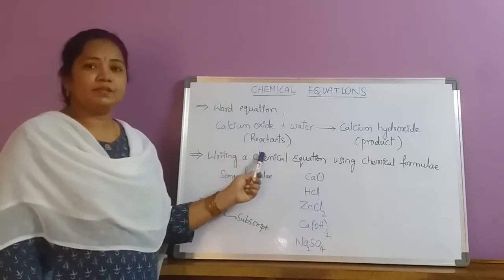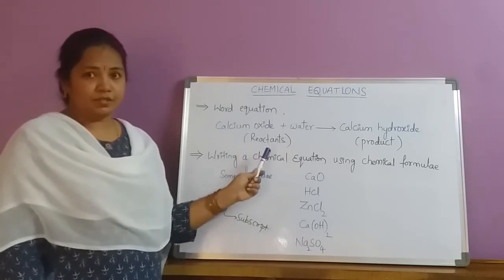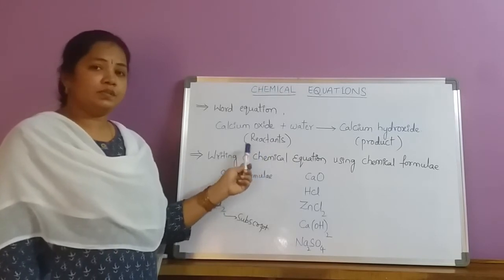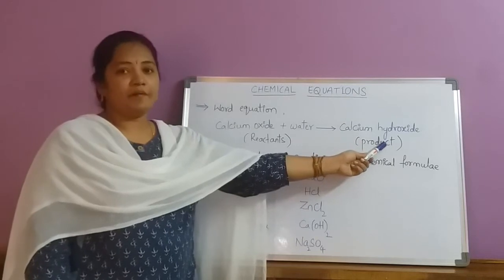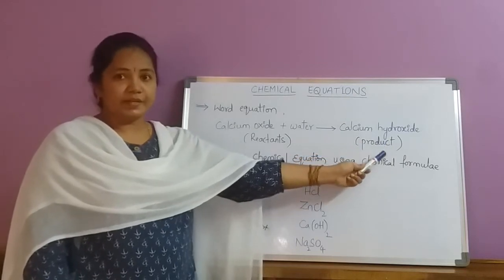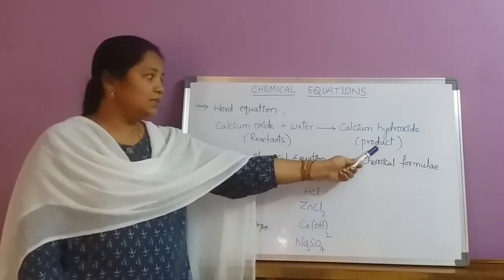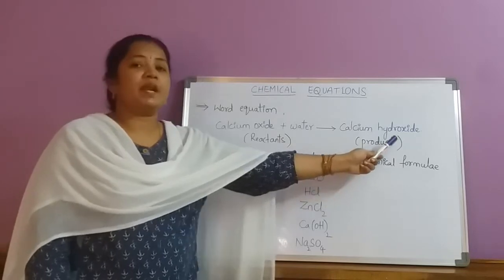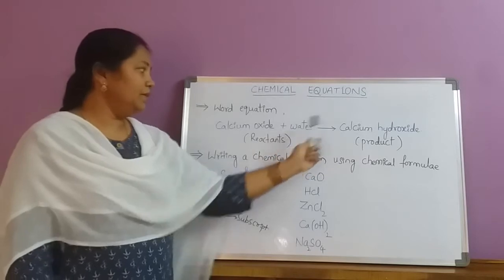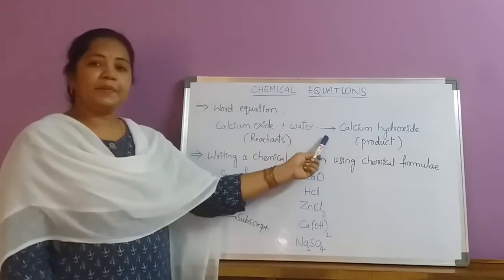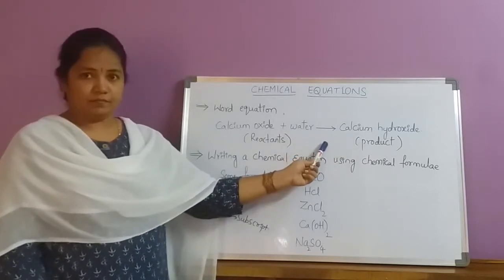Reactants are the substances which are involved in a chemical reaction, always written towards the left hand side of the arrow mark. And the substances which are newly formed after the reaction are called the products. Products are always represented towards the right hand side of the arrow mark. And the arrow mark in between the reactants and products represents the direction of the reaction.